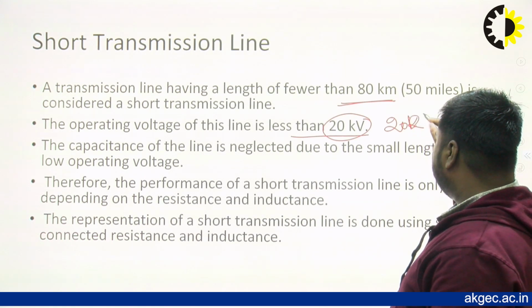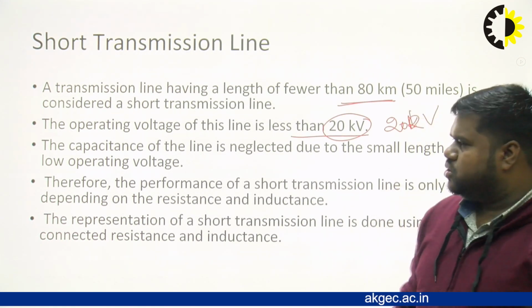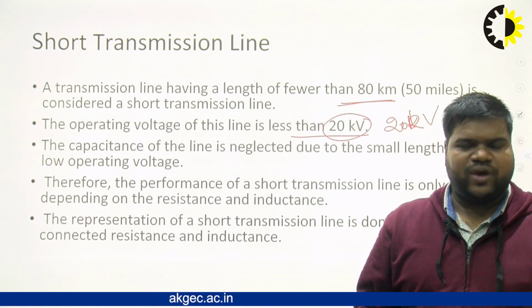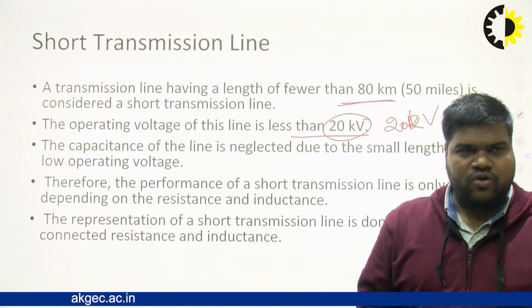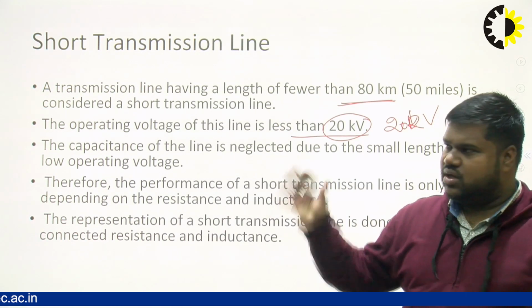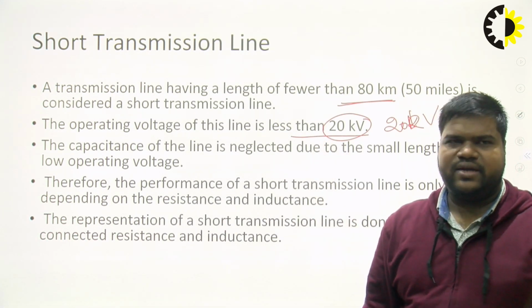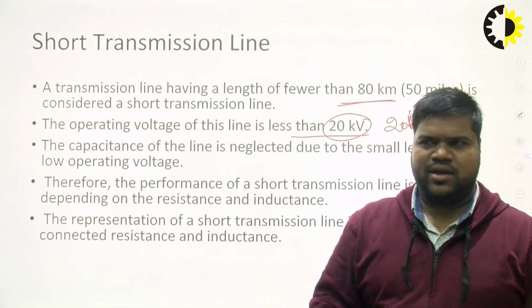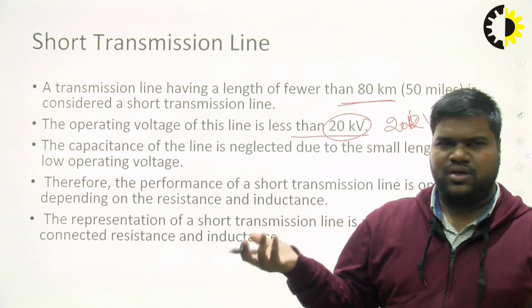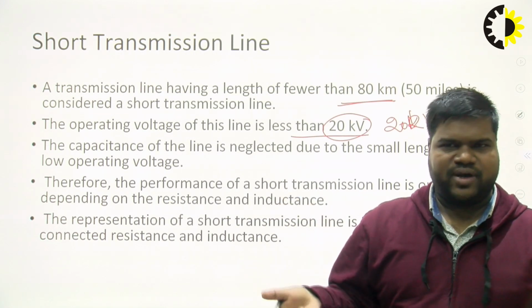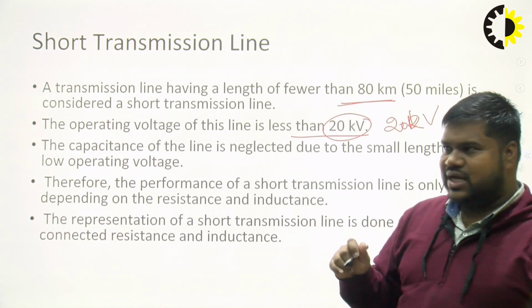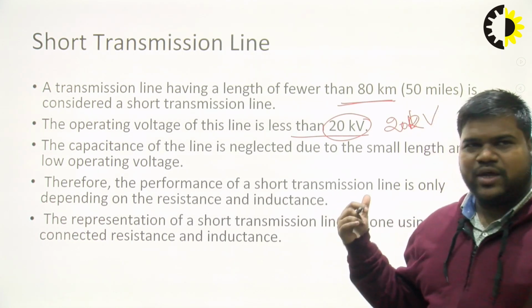This question may be asked as an MCQ in competitive examinations: what is the operating voltage of the short transmission line? Options A, B, C, D: 20, 30, 70, 40, like that. So choose the one nearest to 20 kilovolt.